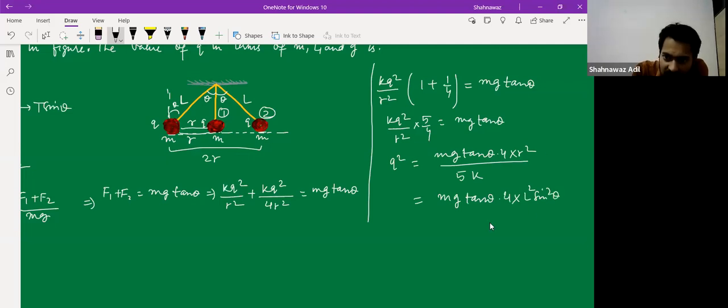Right, r square is. And 5 and k is 1 by 4 pi epsilon naught. Right, so this would be 4 into 4, 16 pi epsilon naught mg tan theta L square sine square theta, right, by 5 and root. So this is q.